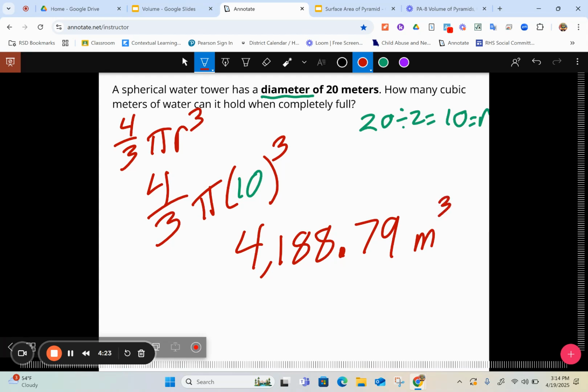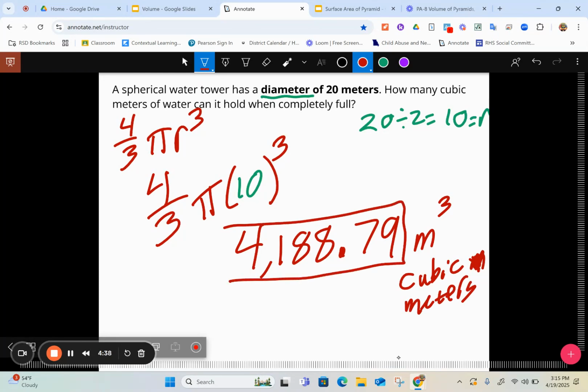You can put m to the 3, or call it cubic meters. You do not have to give me the units. All I want from you are these numbers to the nearest hundredth. If it can go to the hundredth, go to the hundredth. If it only goes to the tenth, give it to the tenth. If it only gives you a whole number, give it a whole number. So that's how many cubic meters it can hold.